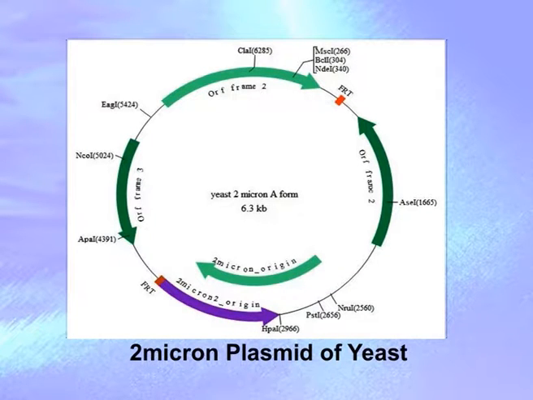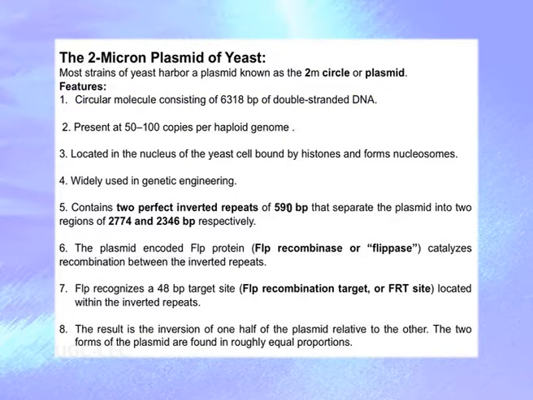Next, we are coming to the 2 micron plasmid of yeast, which is a circular molecule of 6318 base pairs of double-stranded DNA, present in 50 to 100 copies per haploid genome. It is located in the nucleus of the yeast cell, bound by histones just like nucleosomes, and it's widely used in genetic engineering.